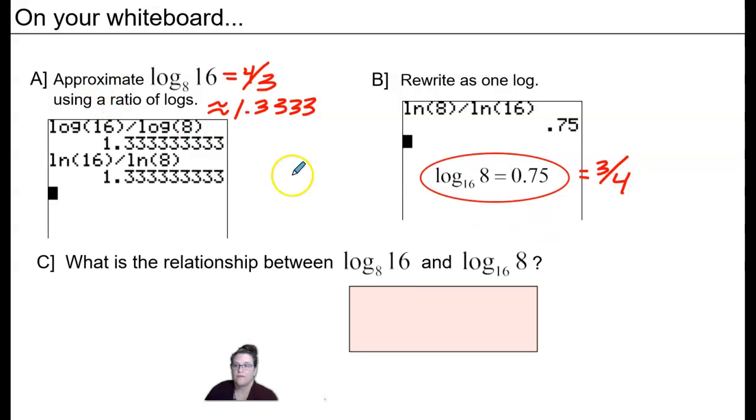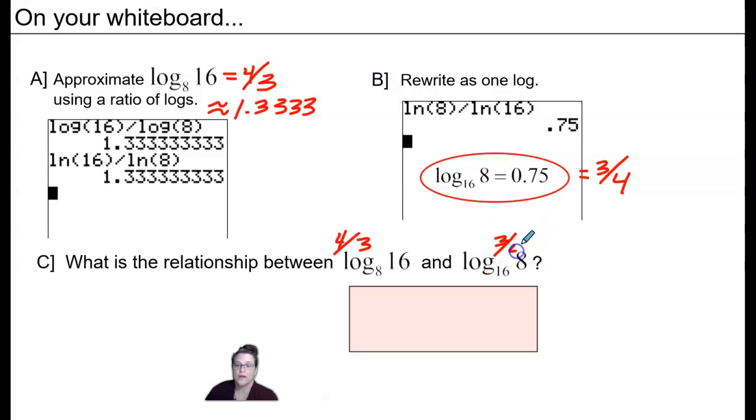So the log base 8 of 16 is 4/3, and the log base 16 of 8 is 3/4.